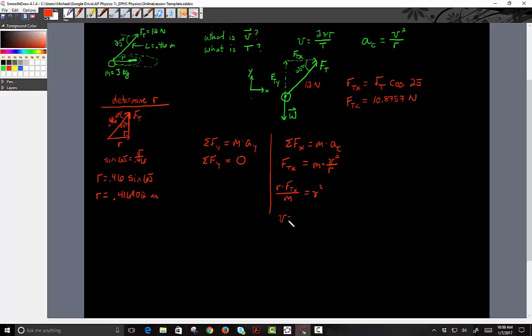So the velocity is going to be the square root of the radius times the force of tension in the x divided by m. So we know the radius, 0.416902. We know the force of tension in the x, 10.8757. We know the mass, 3 kilograms. So we can calculate that, and we get the velocity is 1.229 meters per second.